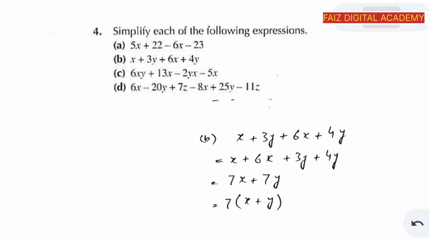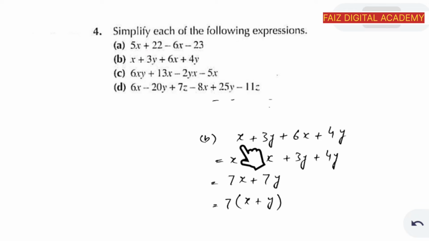In question number 4, we have to simplify each of the following algebraic expressions. These are linear algebraic expressions, as I have explained in the first slide of my lecture. So for example, I have solved the B part.